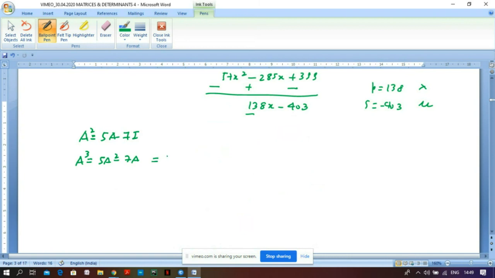And again, a squared is 5a minus 7i, so it's 25a minus 35i and minus 7a. That is 18a minus 35i.